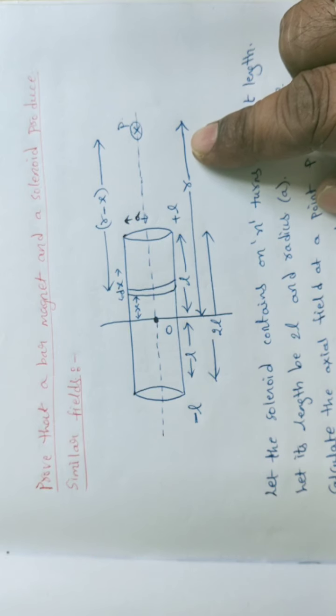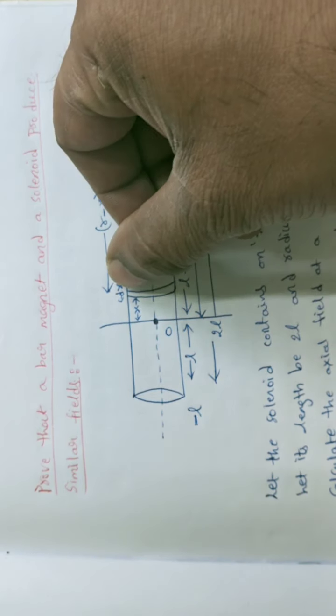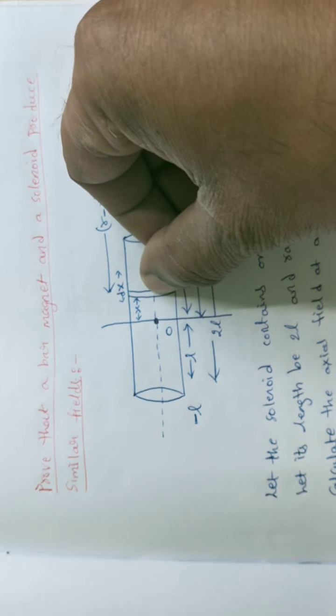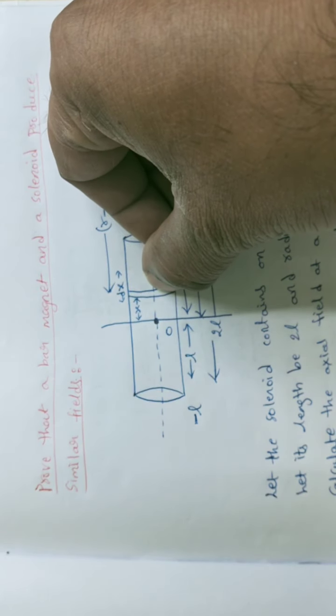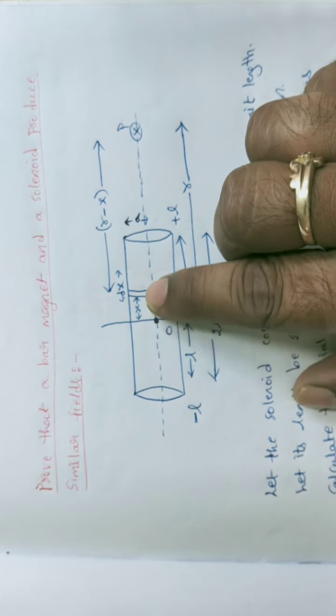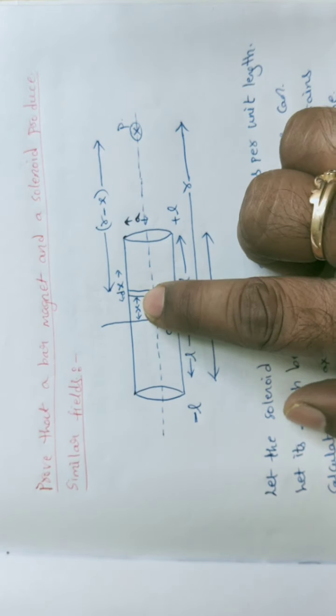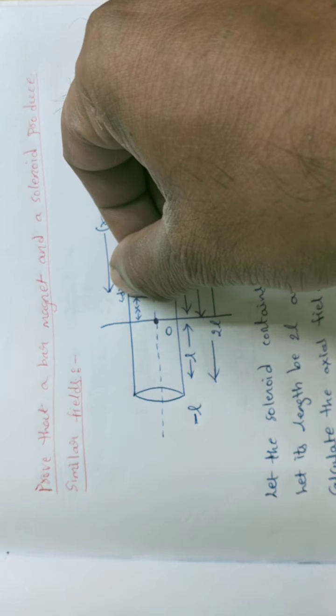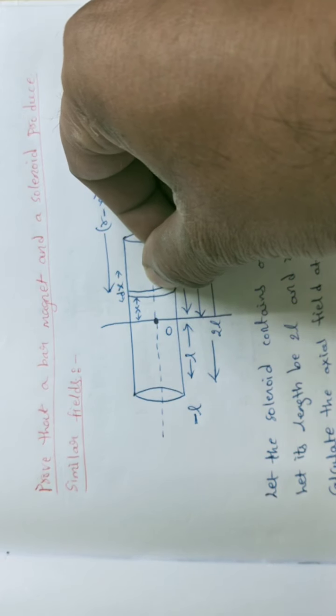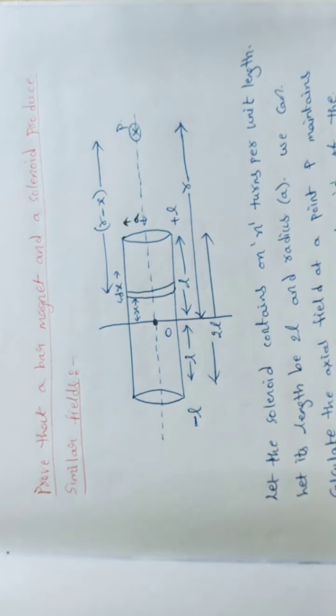Listen carefully. Here I am choosing one small element of length dx, at a distance x from the center of the solenoid. In that element, small n turns are present per unit length.